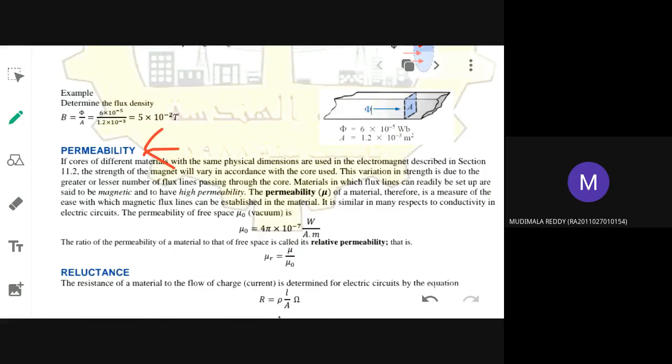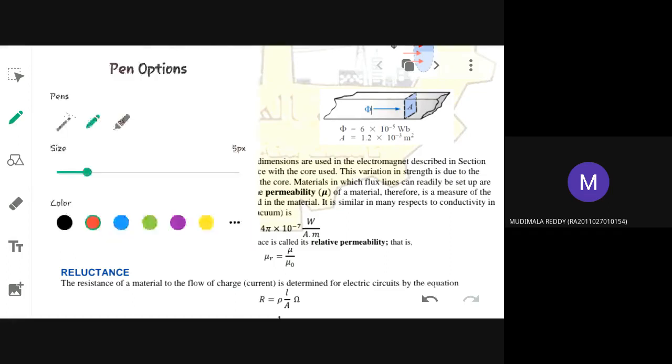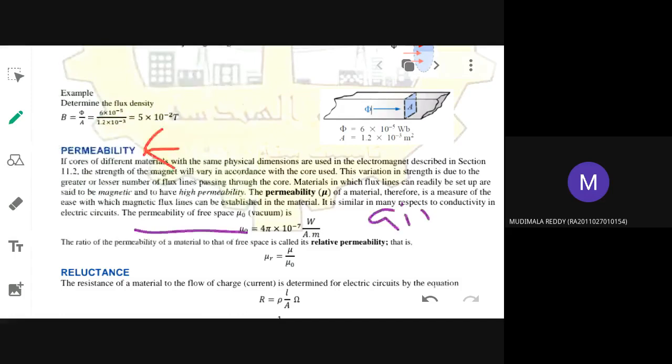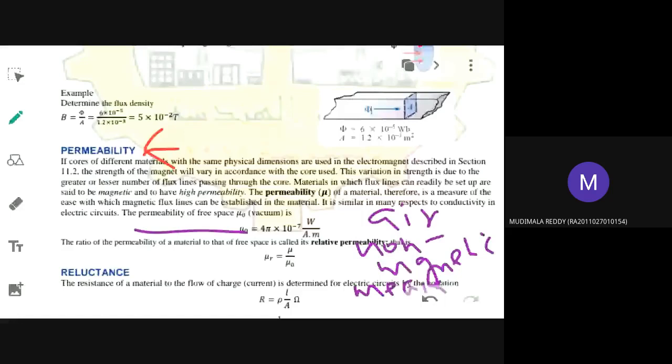So different materials will have different types of permeability. Generally, if you are having air, or a vacuum, or free space, or any non-magnetic media, then in all those cases, mu r, which is the relative permeability, will be equivalent to 1. This is an important question.